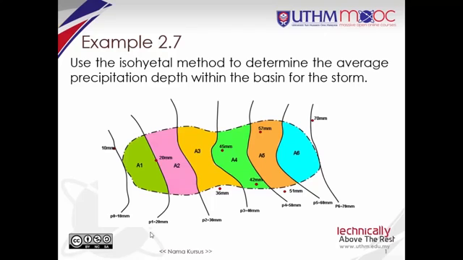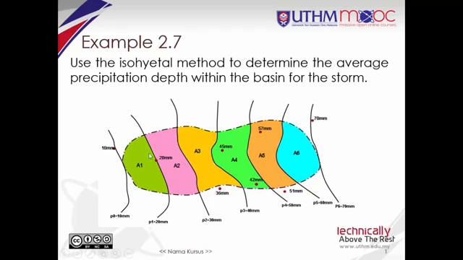In this example, I used the following isohyets: 10, 20, 30, 40, 50, 60, and 70. Draw the isohyets of various values by considering the point rainfall data as guidelines and interpolating between them.